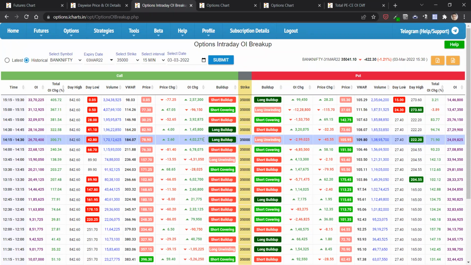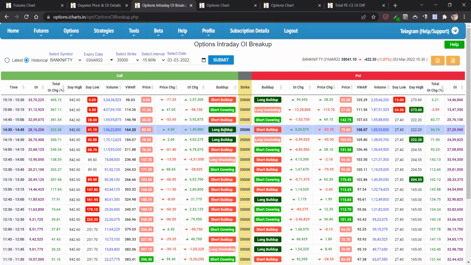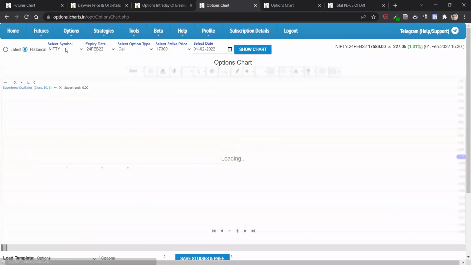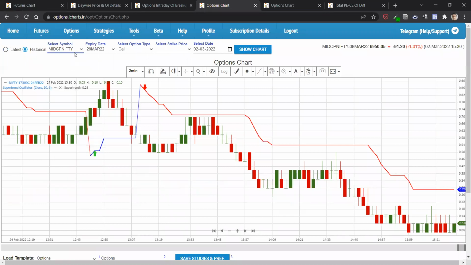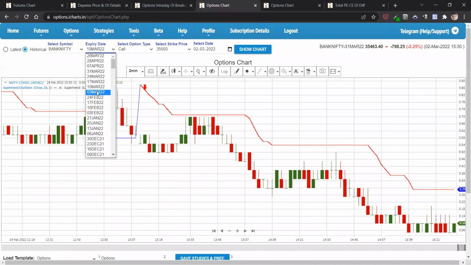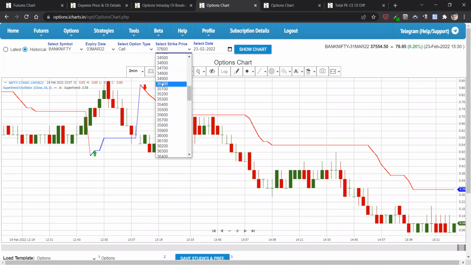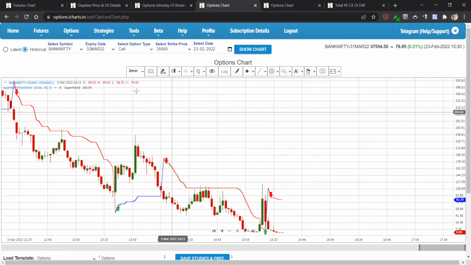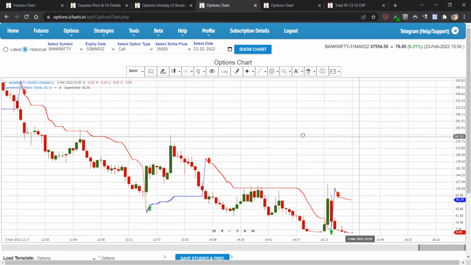At 2:45, you had this long buildup and short buildup. So you had a long signal at 2:45, but I don't know if you will be able to catch it. Let us check here. 3rd March call. It's almost impossible.